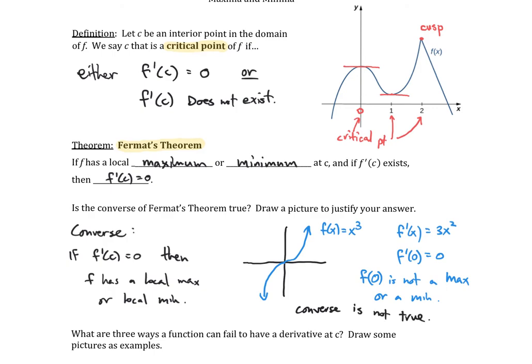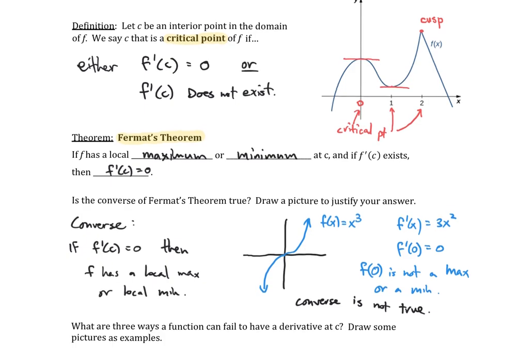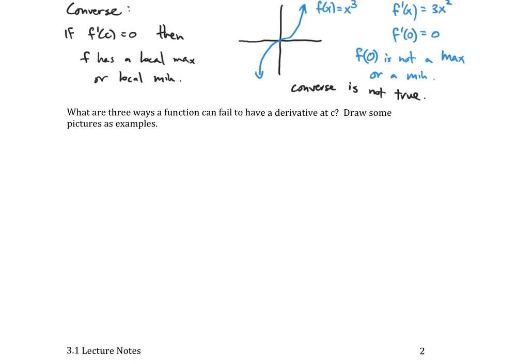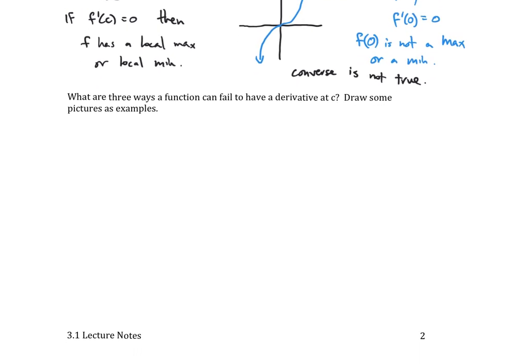All right. Cool. So let's wrap up this video by talking about the 3 different ways a function can fail to have a derivative at some point c. And we're going to draw some pictures as examples. So I think the first way that we could say that it fails is that f is not continuous at c.